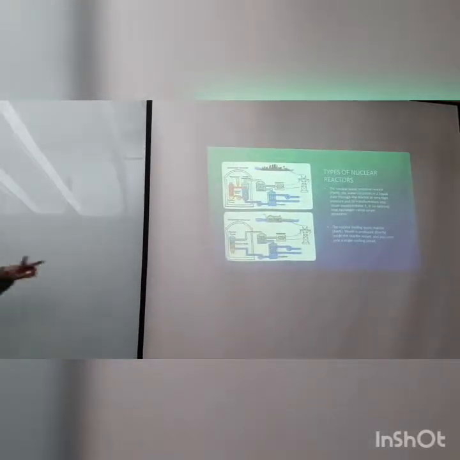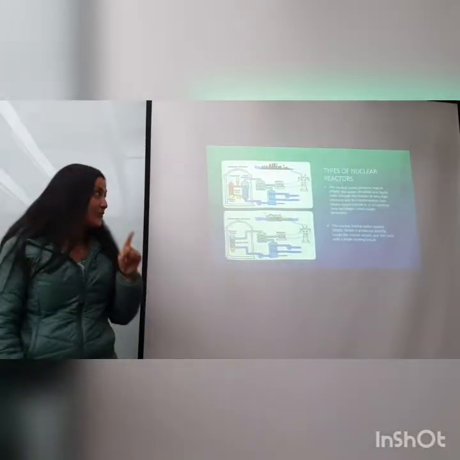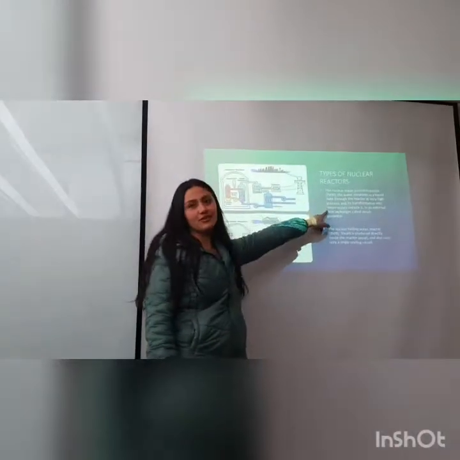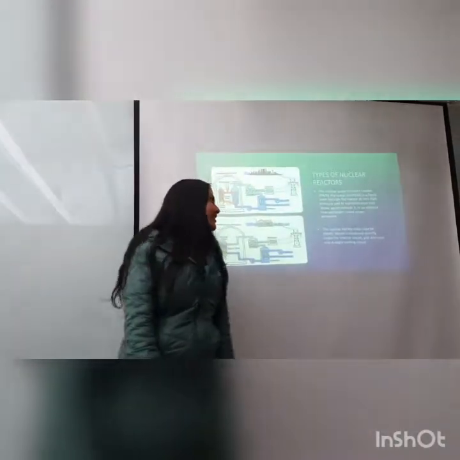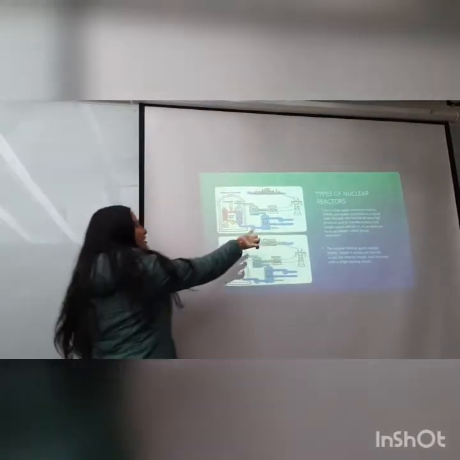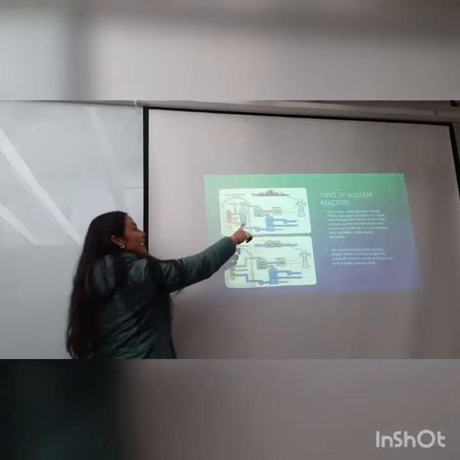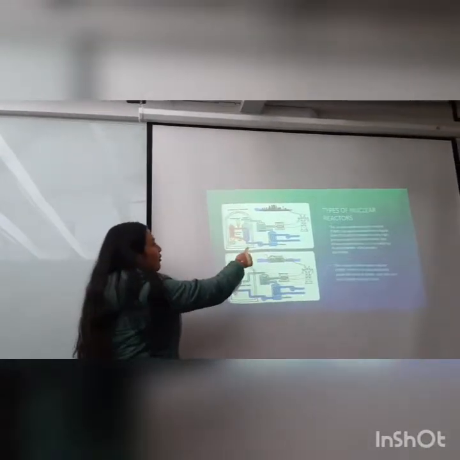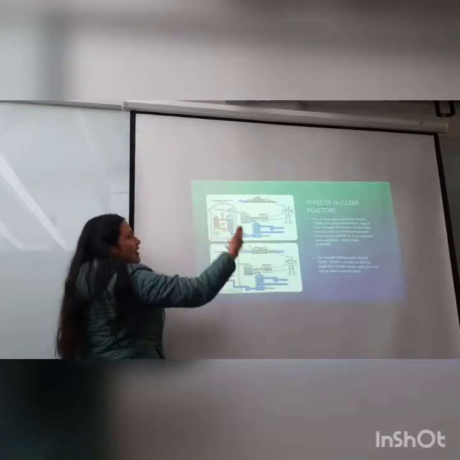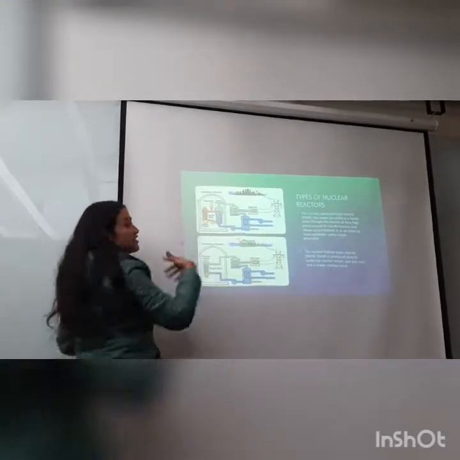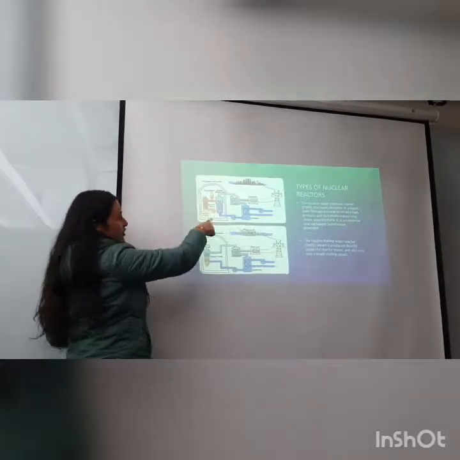There are two types of nuclear reactor. The first is the PWR, that is to say the pressurized water reactor. This reactor enters water, but it never gets in touch with the reactor vessel. So the water evaporates to steam, and this process occurs in the steam generator.